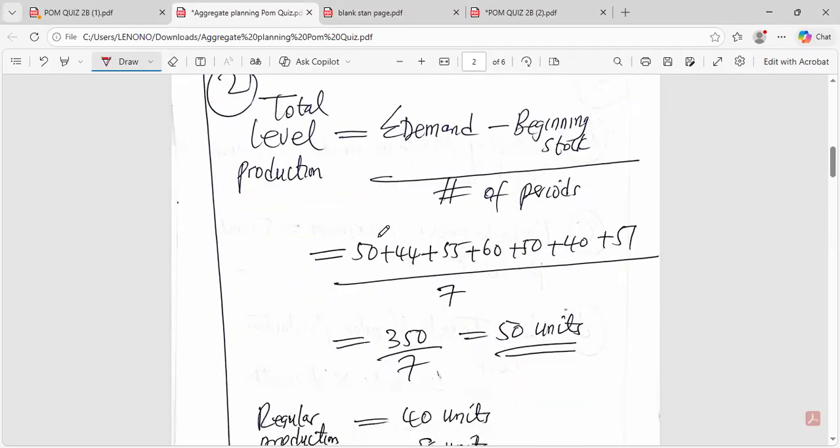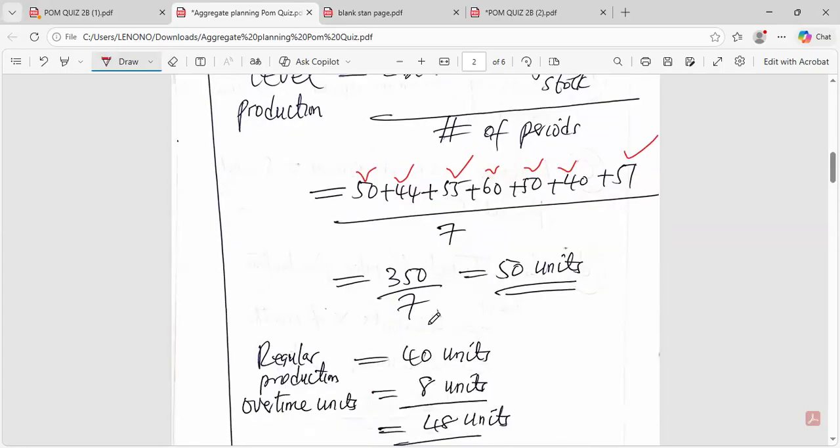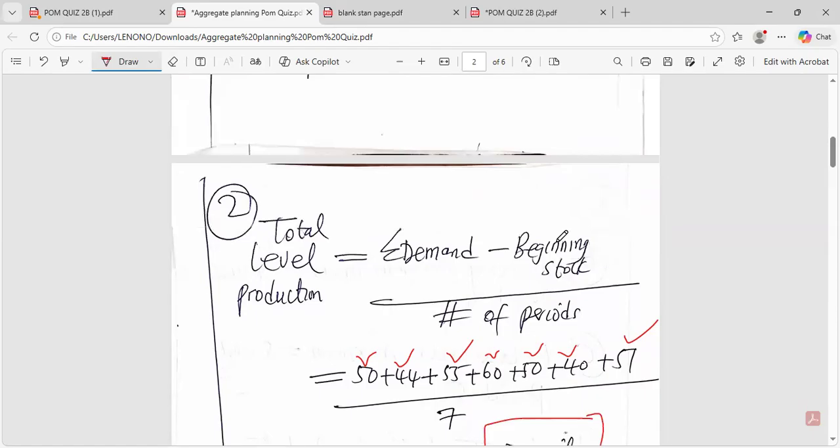So we're summing up the demand: 50, 44, 55, 60, 50, 40, 51. After adding these, we divide by 7. The answer we're getting is 50 units. That is the level production.